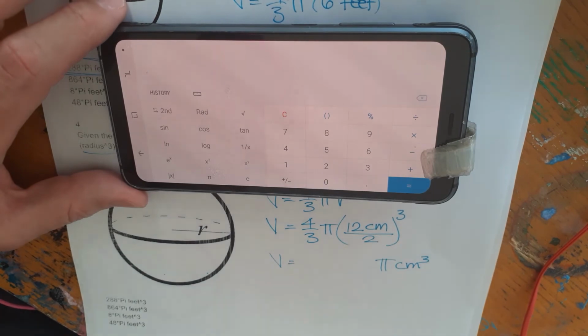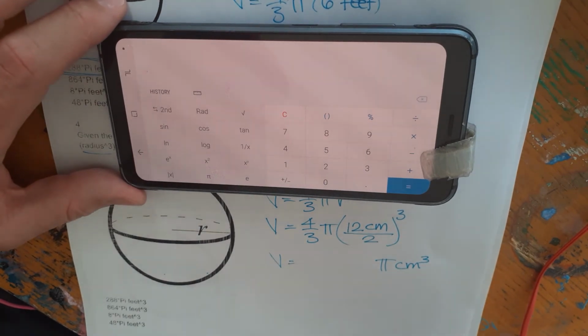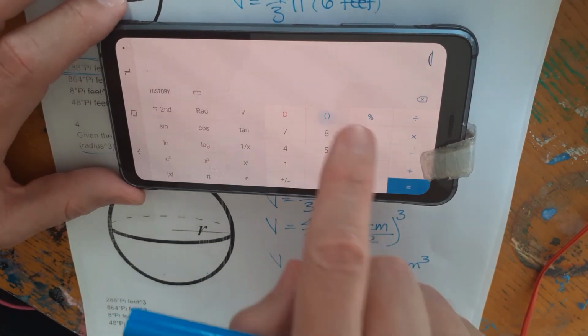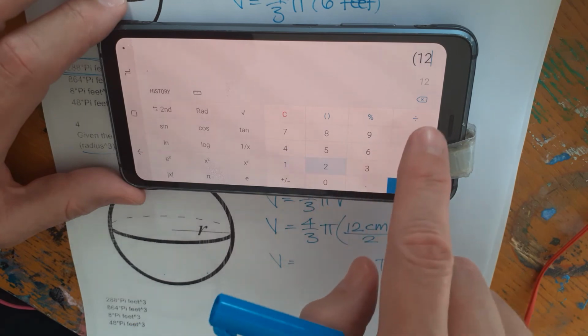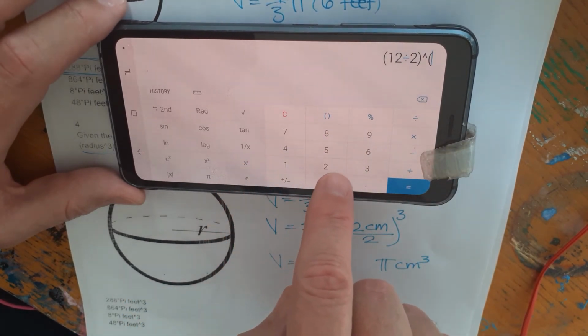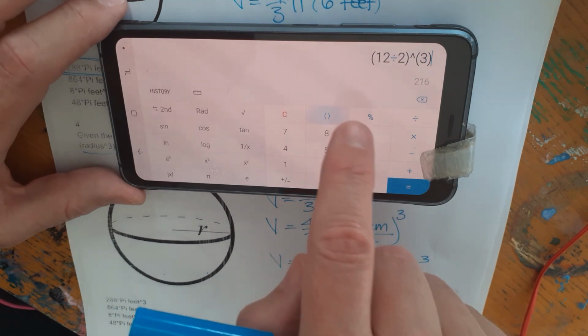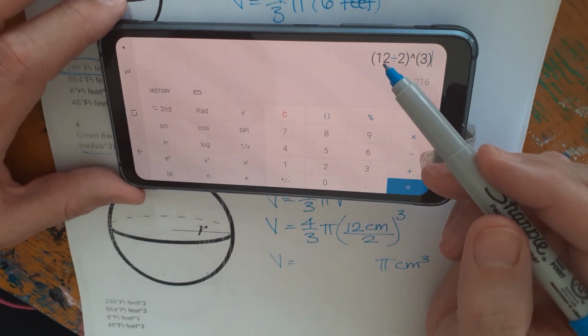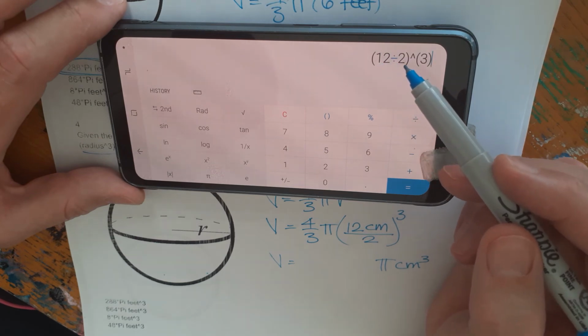So pretend we had decimals and something more complicated than the numbers we have. Clear? Let's do this whole thing. We're going to say 12 divided by 2 cubed. Watch this. Parentheses. 12 divided by 2 parentheses. Now caret cubed. Parentheses. So this is doing, if this were something more complex, I might have to do several calculations.